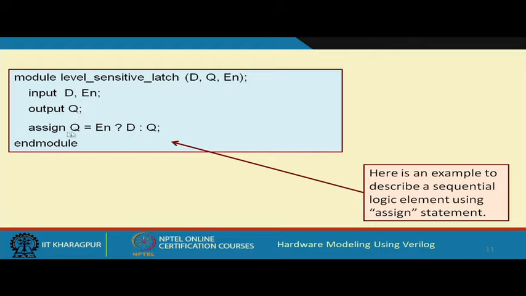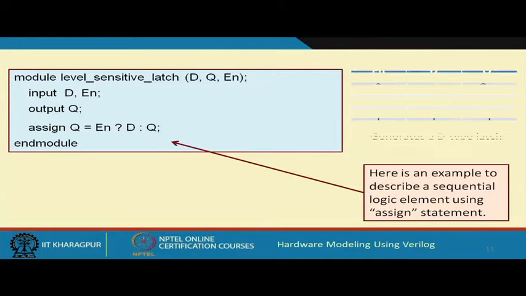What is this assignment statement doing? It is saying if enable is true, that means it is 1, then D will be going to Q. Otherwise, if enable is 0, Q will be going to Q. Q going to Q means it will be remembering its previous state, there will be no change.